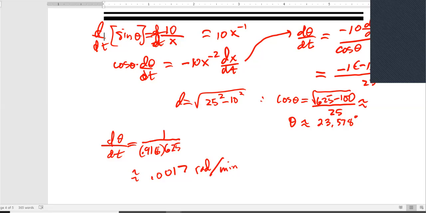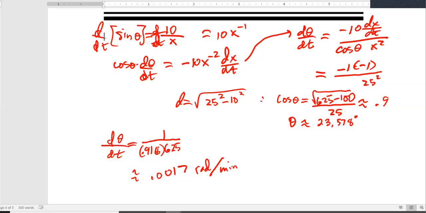Here's our finished product. We really didn't need theta, but all you needed was this number here, which turned out to be about 0.9165. And I'm just using that in my quotient here. So I drag this down over here and slip those numbers in, and here's what I got for d theta/dt.